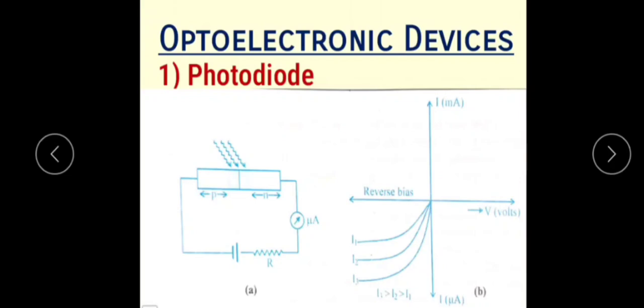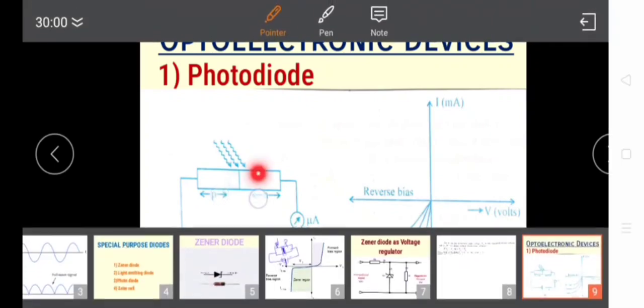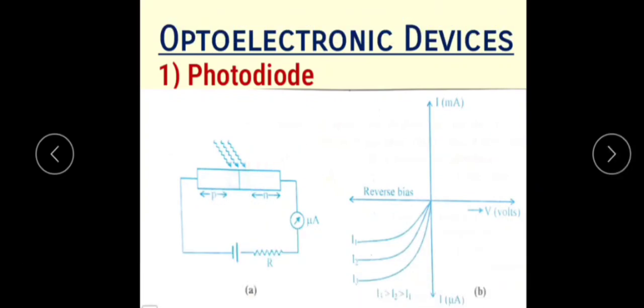In the dark condition there is a constant flow of current across the junction. But if it is exposed to light with energy greater than the band gap, electron hole pairs are created and separated by the junction, with electrons moving toward one side and holes toward the other.